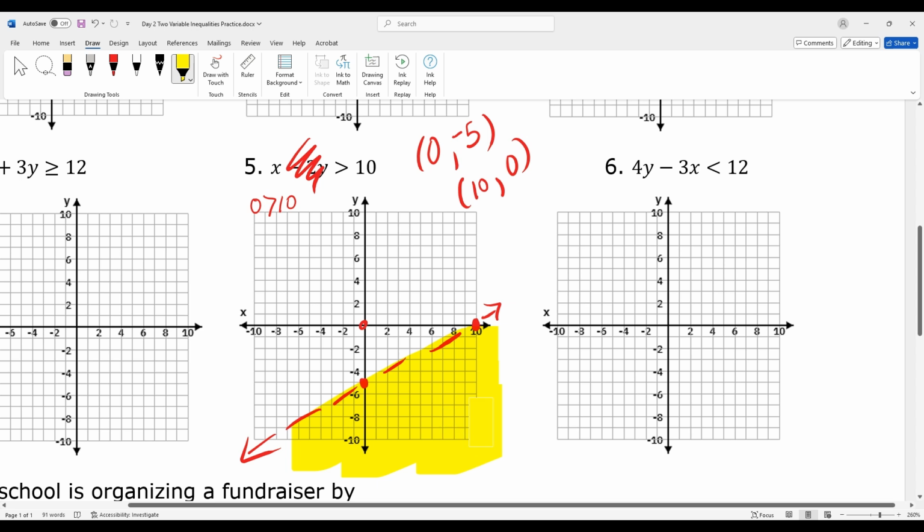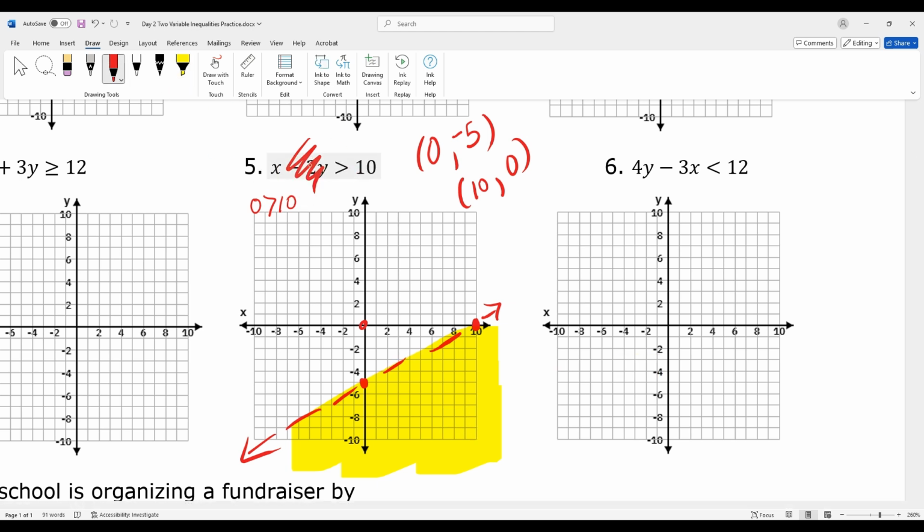So I want to shade that side. Or we also can remember we need to divide by negative 2. The coefficient of y is negative, so we're going to divide by negative 2 and flip our inequality, which means below. Does that make sense?